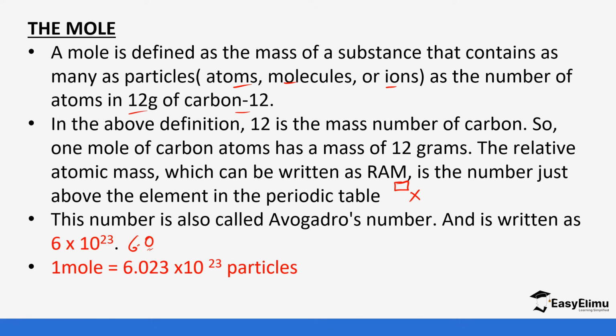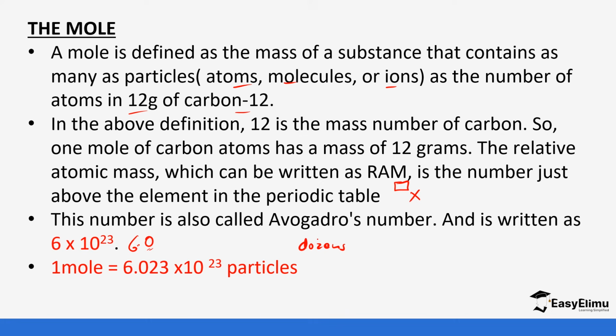Just like we usually use, for example, dozens. When you hear the word dozen, you know that we are talking about 12. So if I want a dozen eggs, I know I want 12 eggs. If I want a crate of eggs, I know I have 30 eggs. In the same way, we have those values to identify a certain number of items in our day-to-day life.